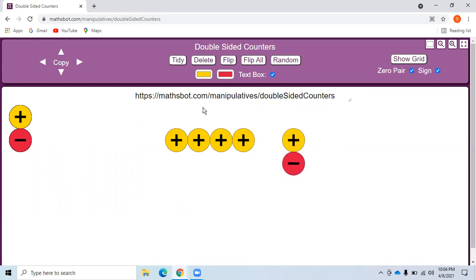No, because 4 plus 0 is equal to 4. When we pair a positive counter with a negative counter, we create a 0 pair. Thank you for watching.